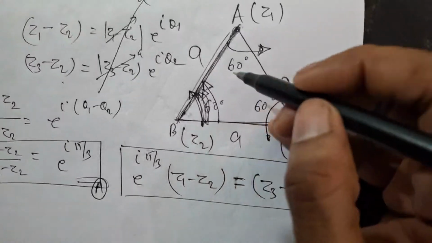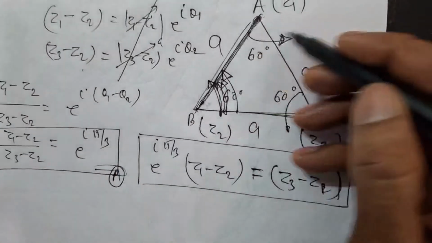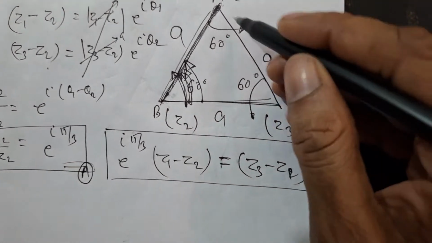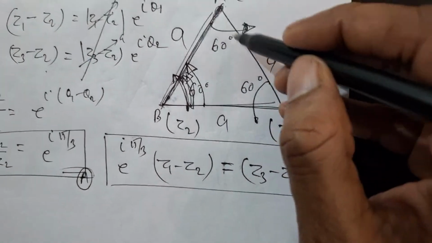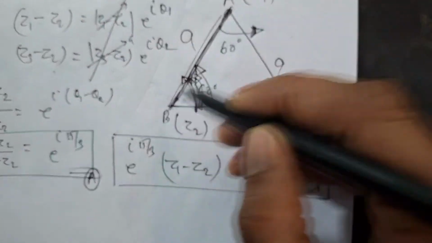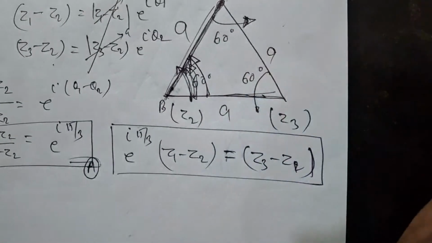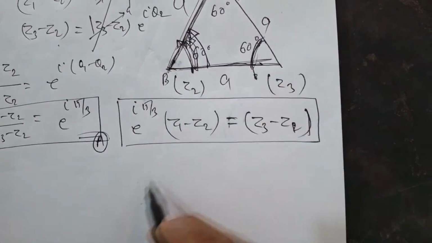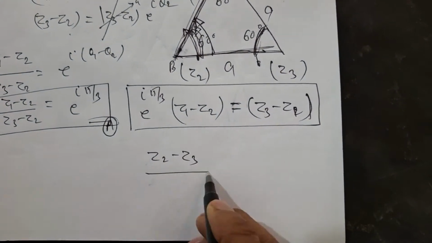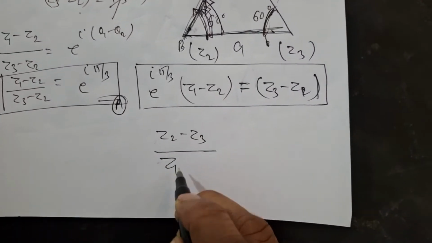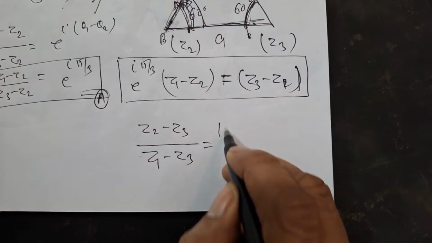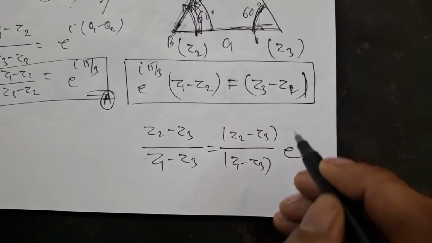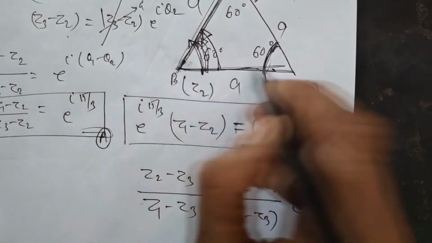And please write any of the equations for proving the given conditions. So dear genius, tell me, you solve this, now this 60 degree, or take any 60, take this one. So can we write Z2 minus Z3 divided by Z1 minus Z3 equals e to the power, anti-clockwise means this makes more angle.